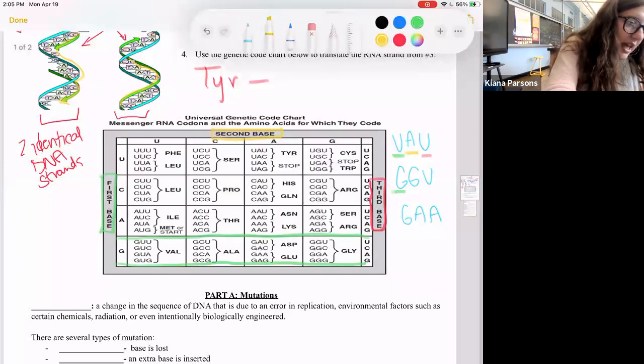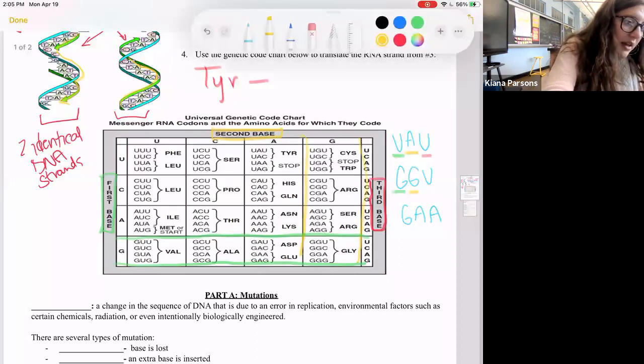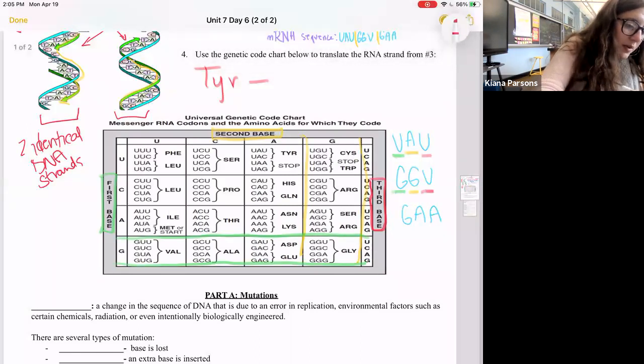Second base, G again. So we're over here in this column all the way to the right. And then our third base, U. So we're going to follow that right there. GLY.